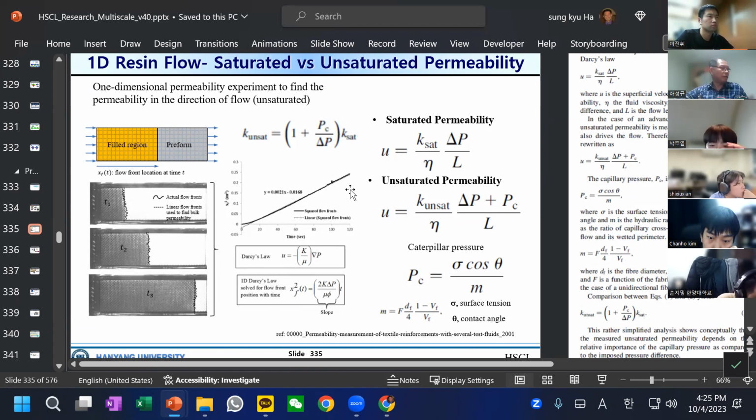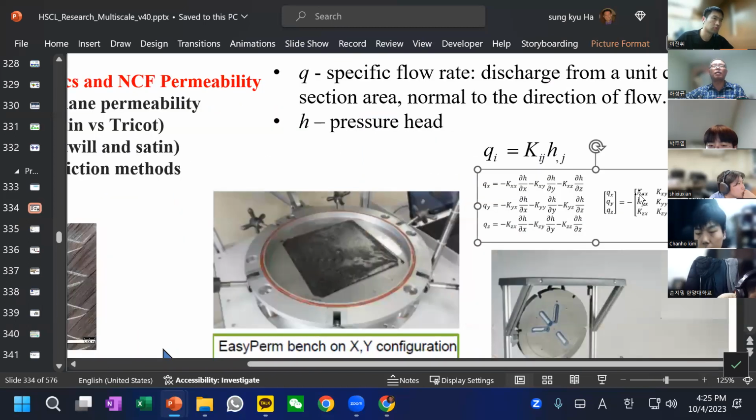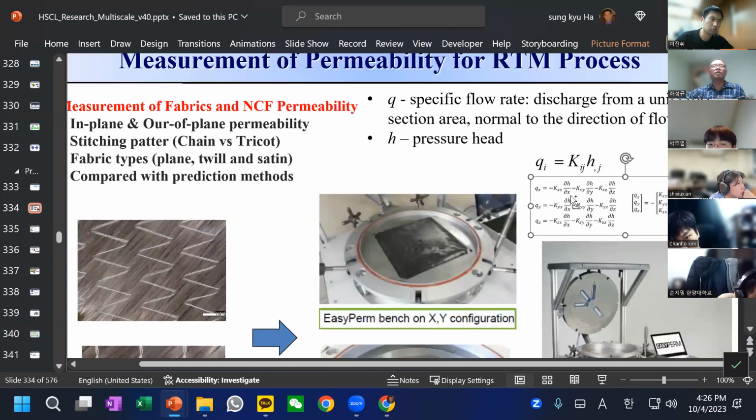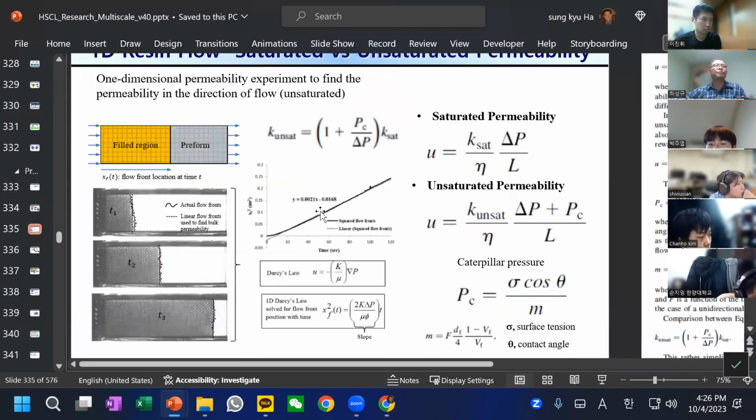So this is, again, called permeability. This permeability is purely one-directional permeability. Relating to the previous one, we can see that this is the 1 kxx. So with a certain flow rate and certain pressure, we have a resin flow. But imagine there can be many different coefficients depending on the pressure, depending on how the resin flows.